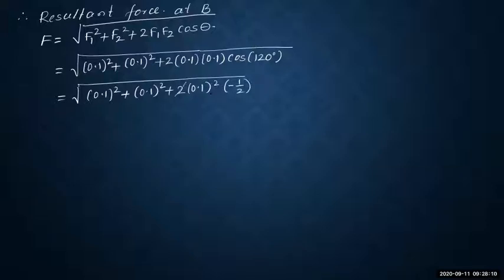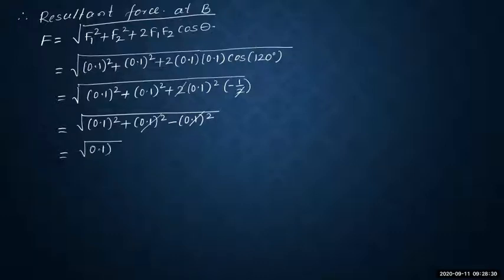Therefore, plus 2 into, see, this is 0.1 whole square again, and this is minus 1 by 2. So 2 cancelled here. Once 2 is cancelled, see, don't make any changes or multiplications here. Plus into minus, minus 0.1 whole square. Again 0.1 whole square will be cancelled. Then what is left? Root of 0.1 whole square.